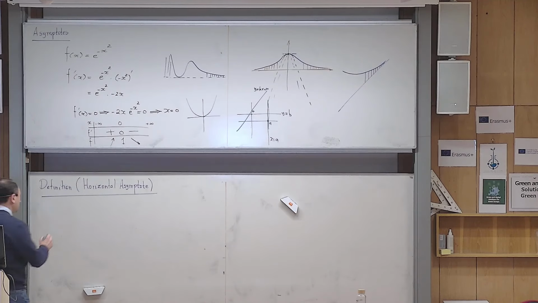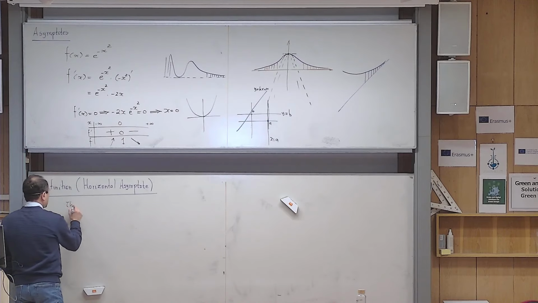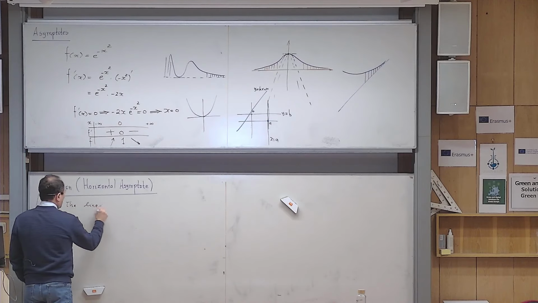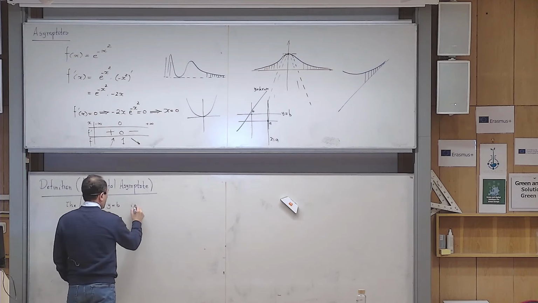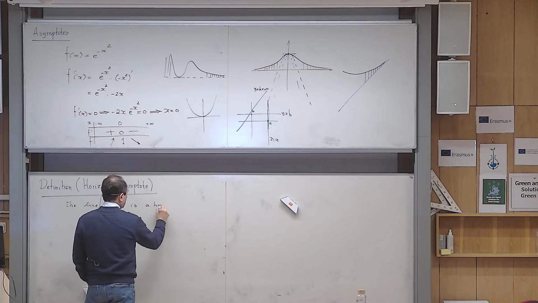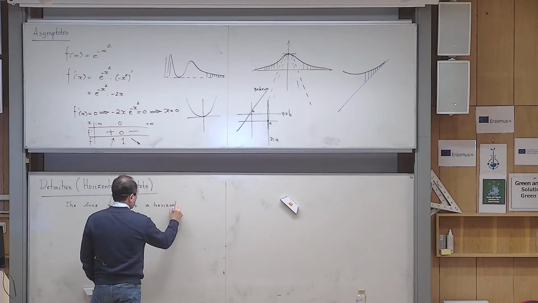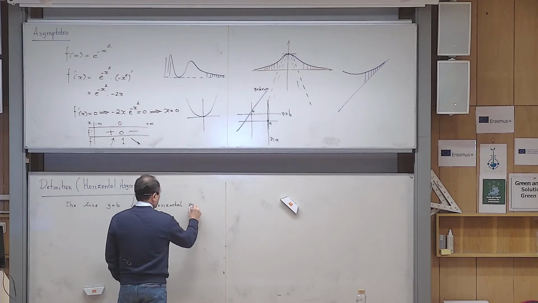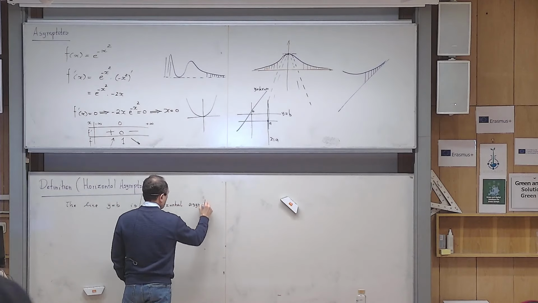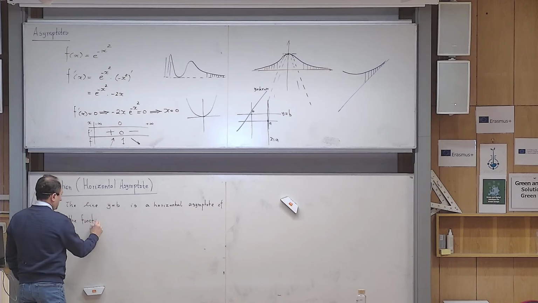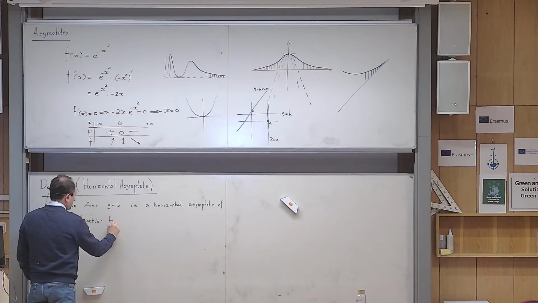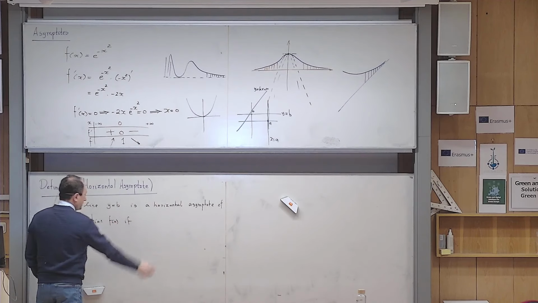So I would say that the line y equals b is a horizontal asymptote of the function f of x if what happens?